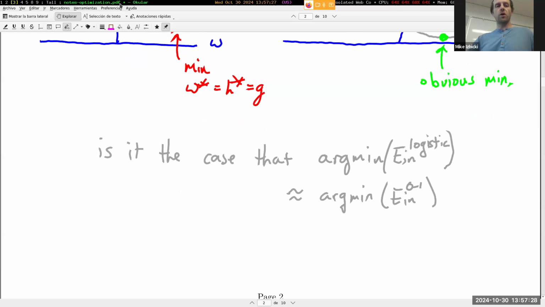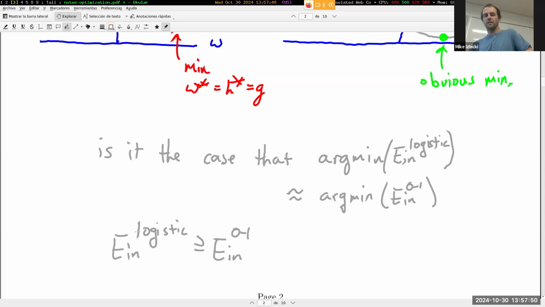The thing that we do know, though, is because our logistic loss is a surrogate, the E_n logistic is guaranteed to be greater than or equal to the E_n of 0,1.